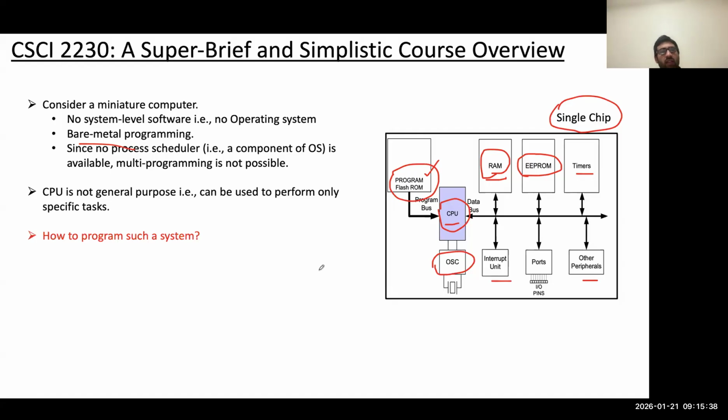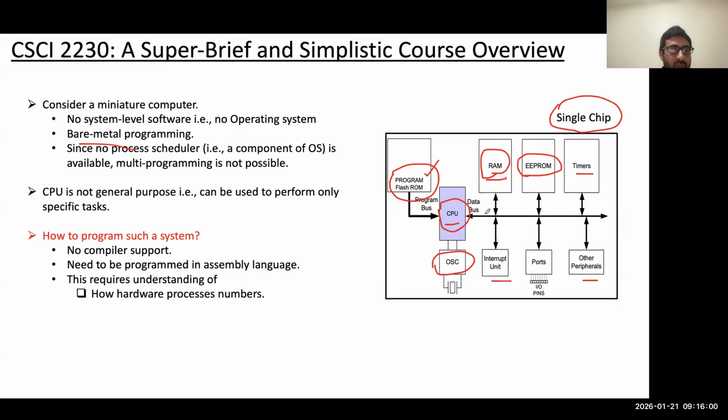So if there is no operating system, how can we program such a system? As I briefly mentioned earlier, we need to do bare metal programming, right? We do not have compiler support, so we need to program this hardware in assembly language, and this requires understanding of how our hardware processes numbers.